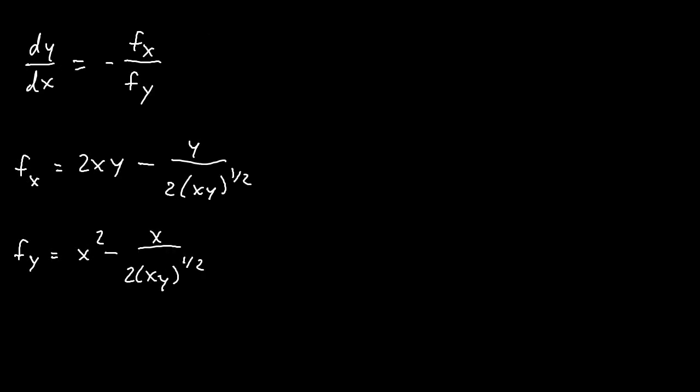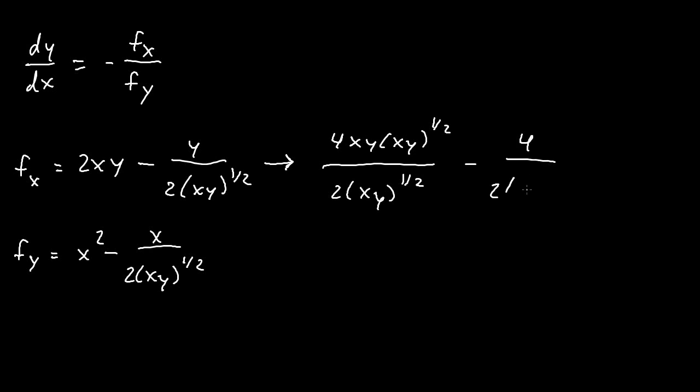So for both of these, f sub x and f sub y, I'm going to go ahead and find common denominators. If I were to condense into one single fraction here, I'm going to multiply 2xy by the common denominator. So 2xy times 2 times xy to the 1/2 will give me 4xy times xy to the 1/2 over 2 times xy to the 1/2, minus 4 over the same common denominator.